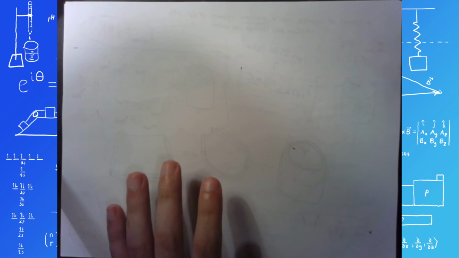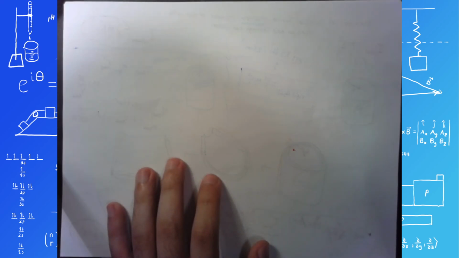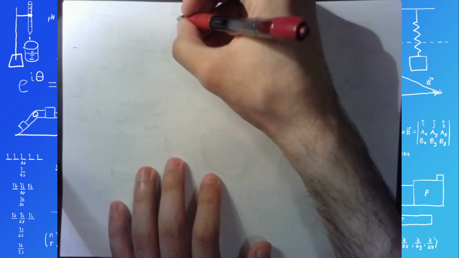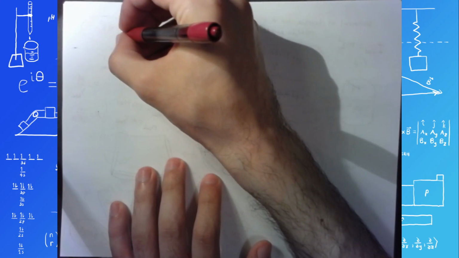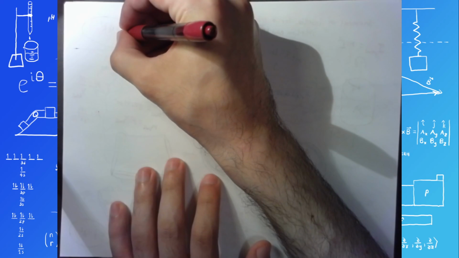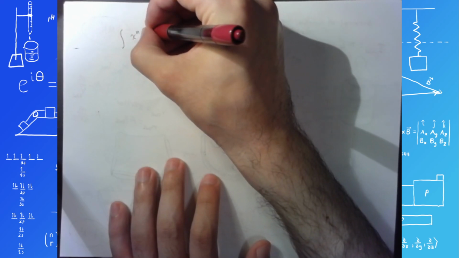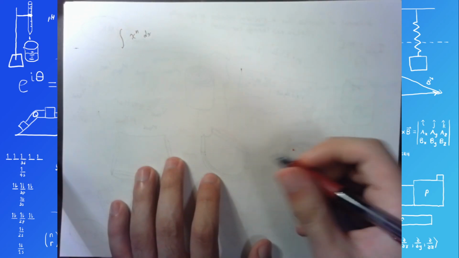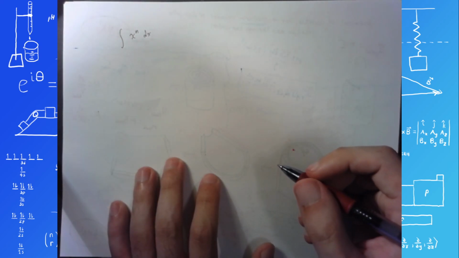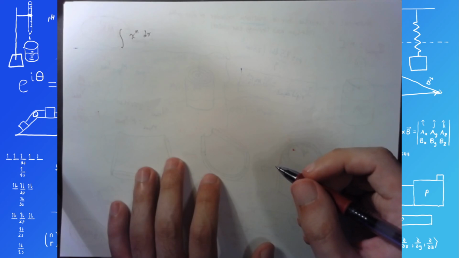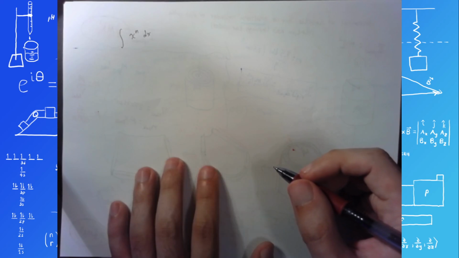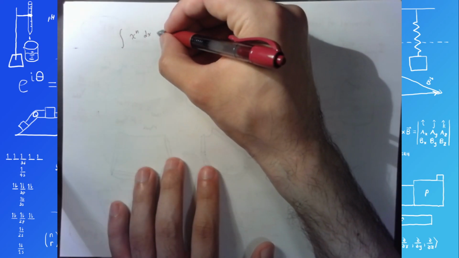So, in our discussion of Riemann sums, I introduced the power rule for integrals. So I introduced an integral that has this form, x to the n, integrated with respect to x. And I demonstrated, at least for x squared, that the power rule works if you do a Riemann sum.